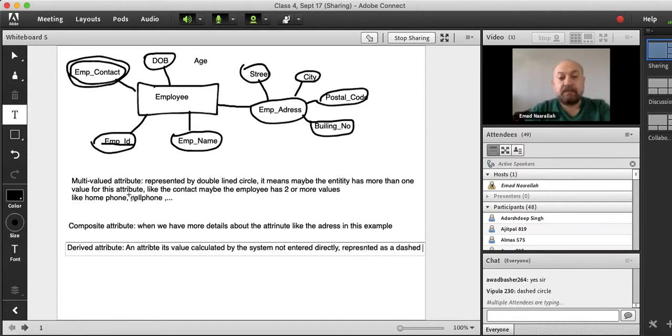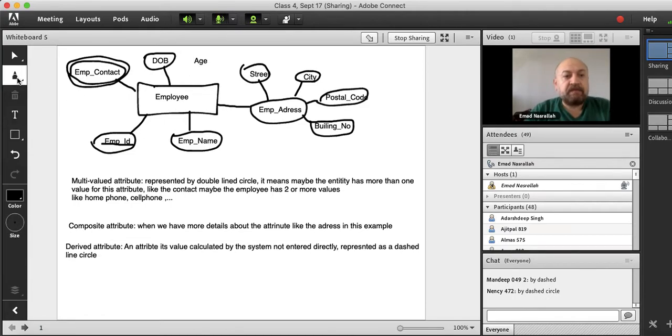Dashed line circle. I don't think we have a style of the line, so I have to draw it by myself as a dashed. Okay.